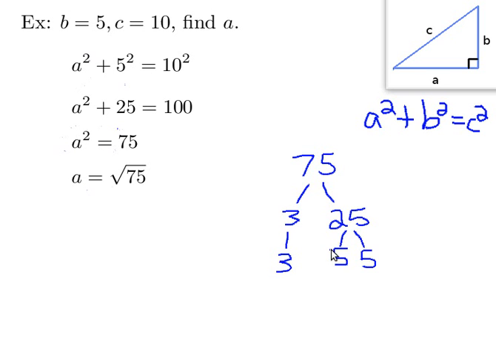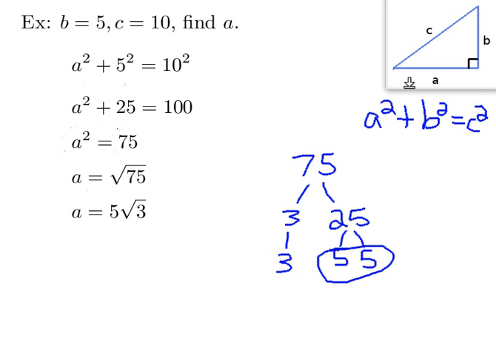So we have two 5s that we can pair up, and 1 3 is going to be left back underneath the radical. So we have that a is equal to 5 square root of 3. So 5 root 3 is the side length of a.